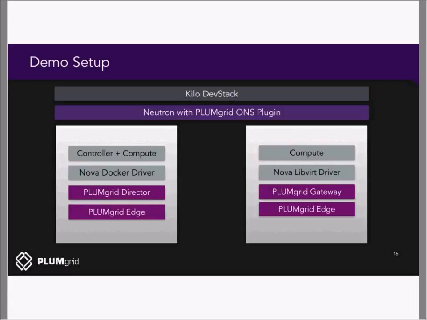On both these servers, I have some plumb-git services running to support the networking. As part of Kilo DevStack, I have Neutron configured with the plumb-git ONS plugin. So this entire setup is capable of doing all the use cases from a container, VM and networking perspective. I will go over those.